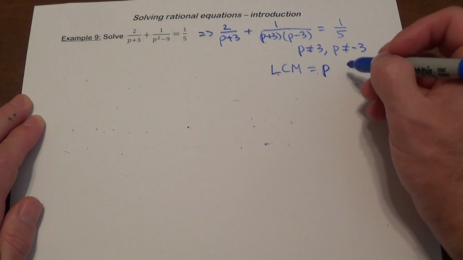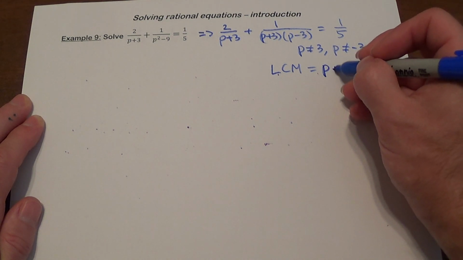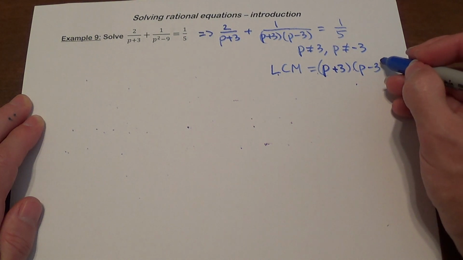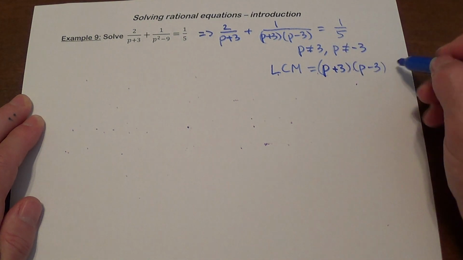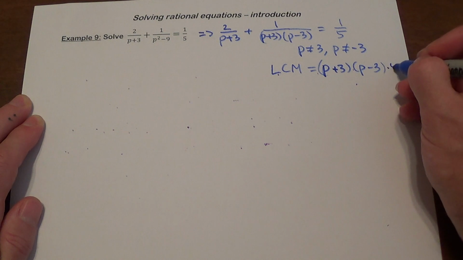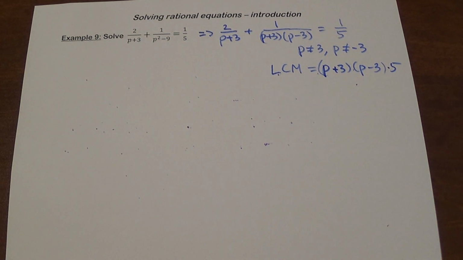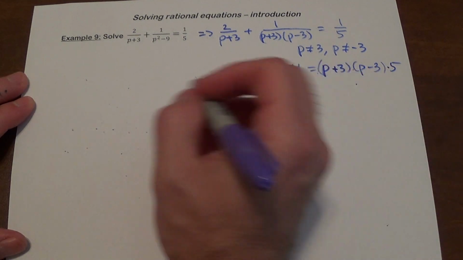So our least common multiple is p plus 3 times p minus 3, and also we have 5 here, so times 5. This is going to be our least common multiple, and we are going to multiply everything by it. This one's going to get really long first, because we're going, well, let me move 5 in front.